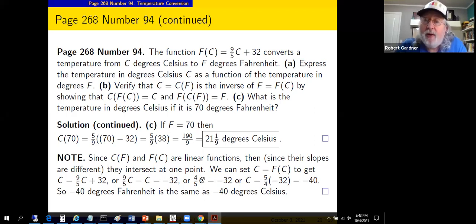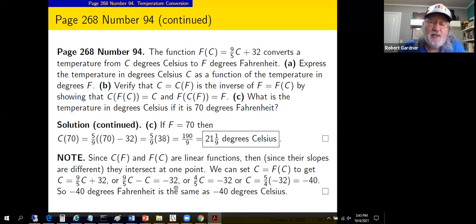Both are linear functions. They got different slopes. They intersect somewhere. So let's set the Celsius temperature equal to the Fahrenheit temperature. Celsius temperature, 9/5 C plus 32. It's the corresponding Fahrenheit temperature as we were given up here. So we'll set C equal to that and solve for C. Take the C to the right-hand side and the 32 to the left-hand side.